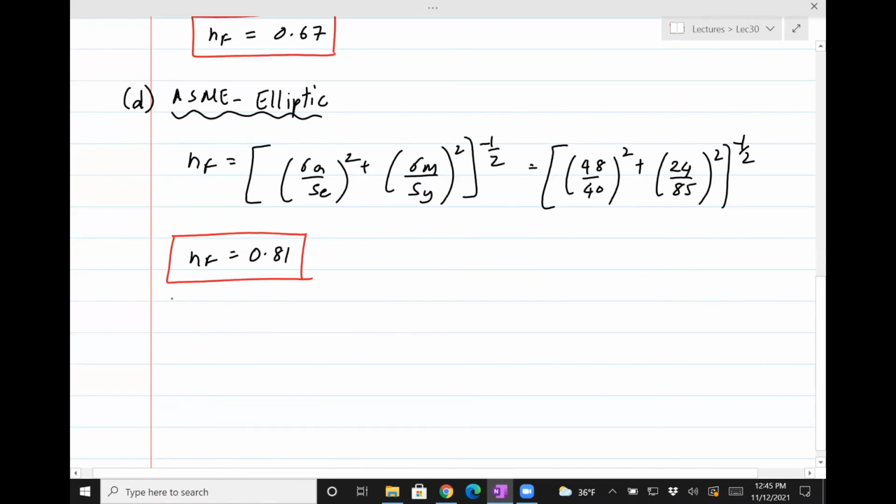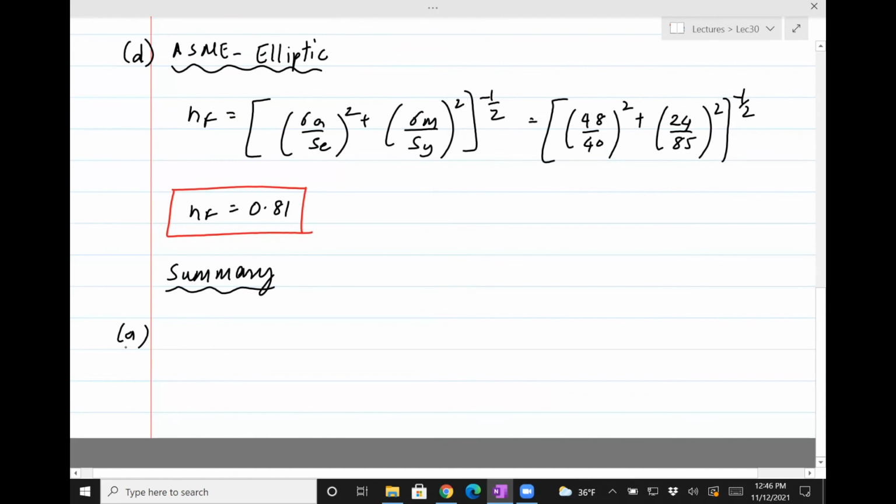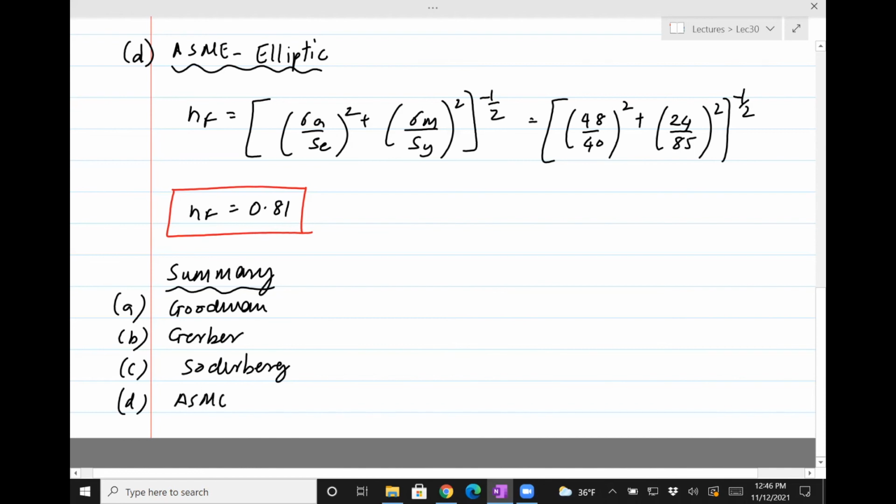Okay, so let's summarize what we have. Goodman, Gerber, Soderberg, ASME-Elliptic.